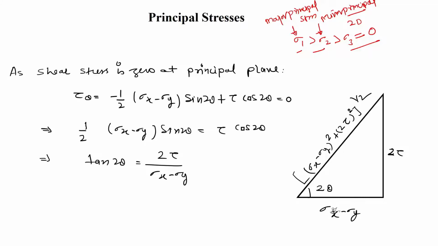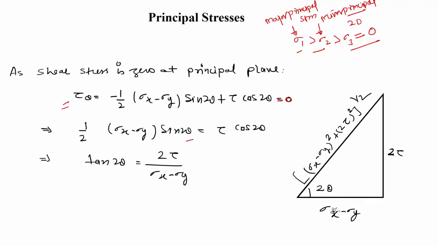As we know, the shear stress is 0 at a principal plane, and shear stress is given by this expression: tau theta is equal to minus 1 by 2 sigma x minus sigma y sine 2 theta plus tau cos 2 theta, which is equal to 0. This is 0 in the principal plane, so we can equate it with 0. If we solve this, we get 1 by 2 sigma x minus sigma y sine 2 theta is equal to tau cos 2 theta.